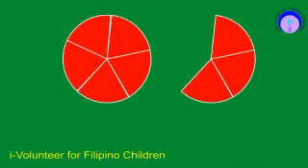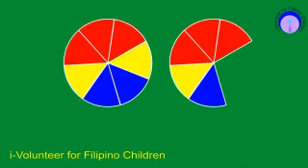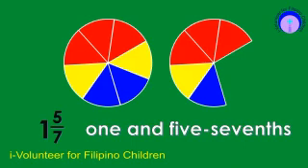Anyone who could guess? It is 1 3/5. This is how it is written in words. Can you tell me how many total equal parts are there? This figure tells us it's 1 5/7. This is how it is written in words.